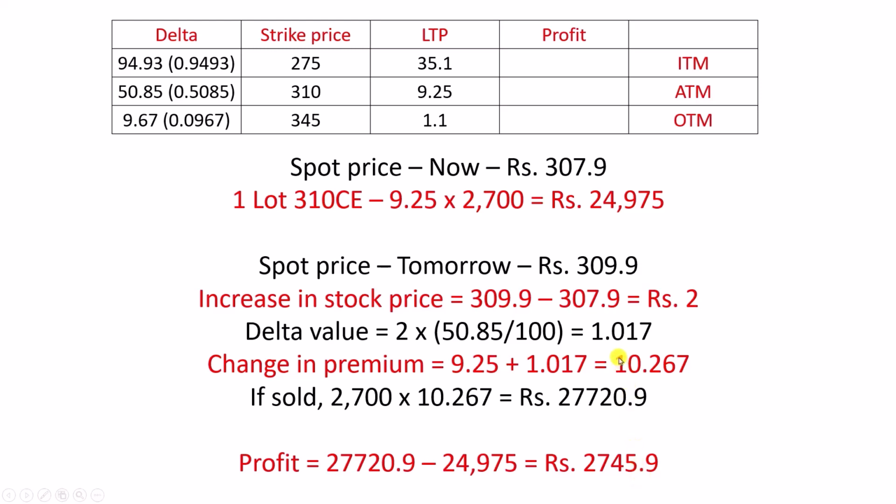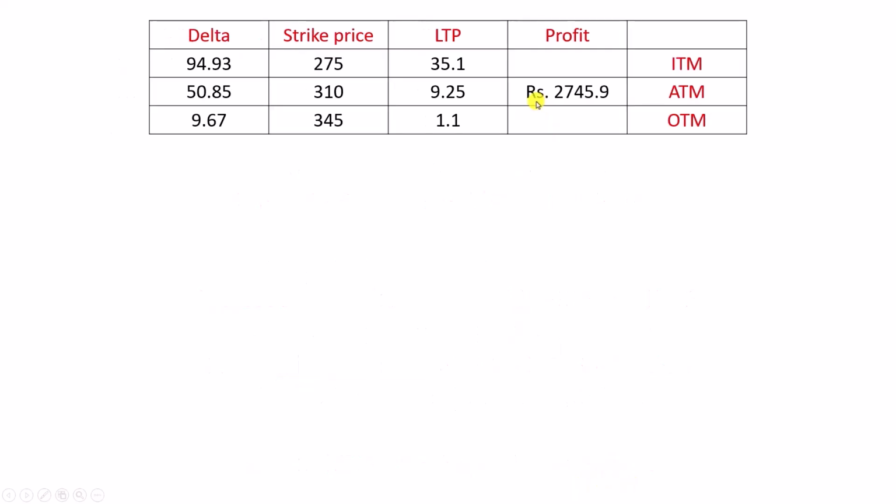So this is how the delta value will be useful. Now, this is the profit if I buy the 310 strike price, the at the money option.